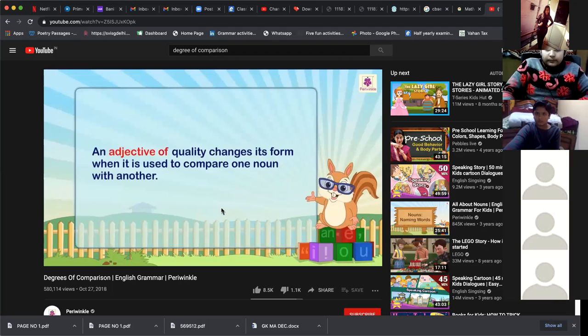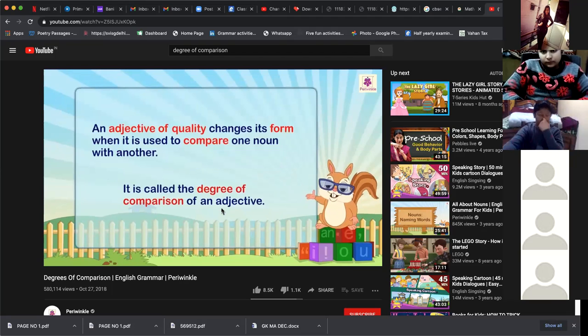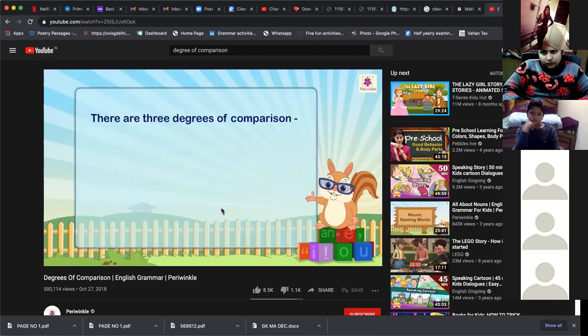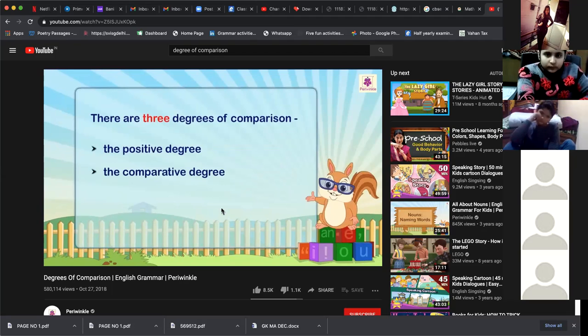An adjective of quality changes its form when it is used to compare one noun with another. It is called the degree of comparison of an adjective. There are three degrees of comparison: the positive degree, the comparative degree, and the superlative degree.